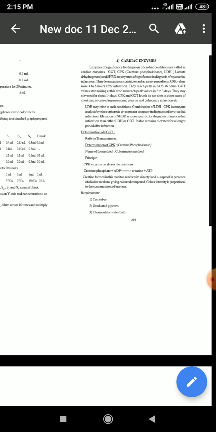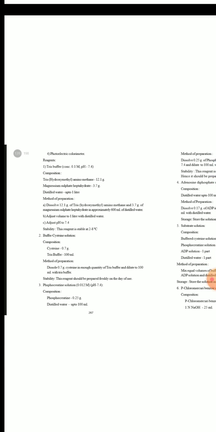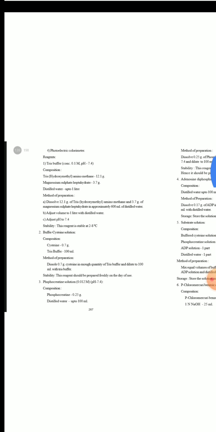Here the creatine formed in this reaction reacts with diacetyl and alpha-naphthol in presence of alkaline medium giving a colored compound. The color intensity is proportional to the concentration of enzyme. Talking about the requirements: test tubes, pipettes, thermostatic water bath and photoelectric colorimeter.